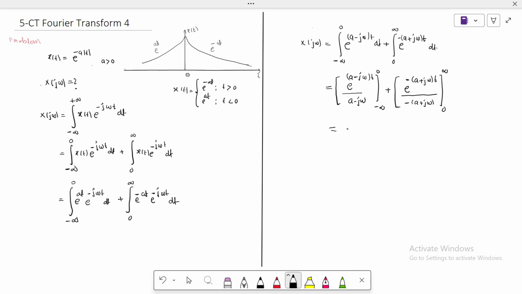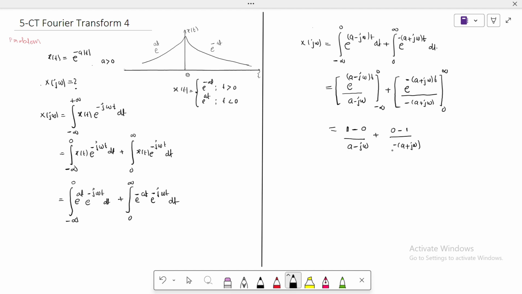Substituting the limits, the first term gives 1 by (a minus j omega), and the second gives 0 minus 1 by minus (a plus j omega).